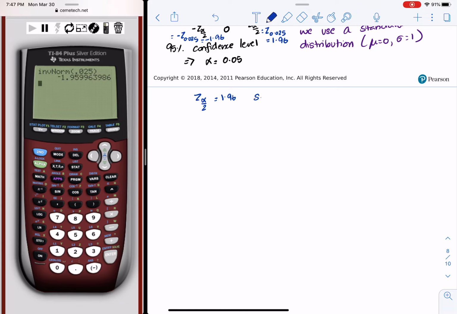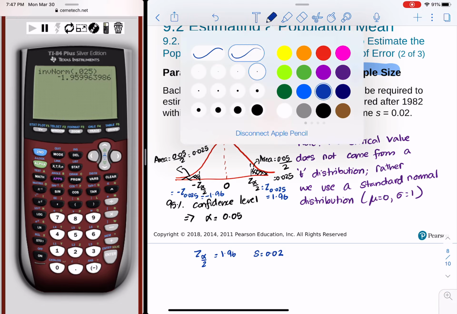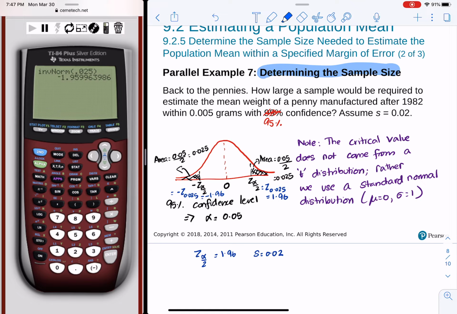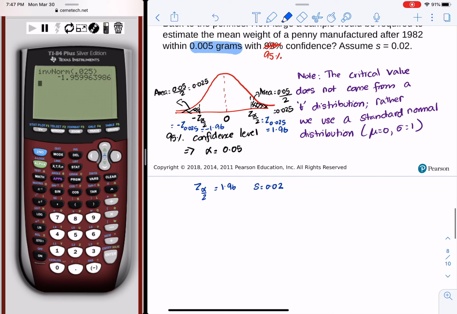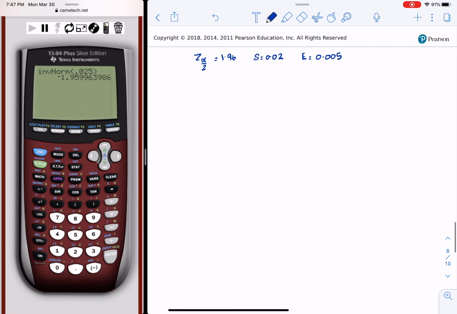The assumed standard deviation is 0.02, and we want the new study to have the weight of the penny within 0.005 grams, so the margin of error is 0.005. So what is the sample size?